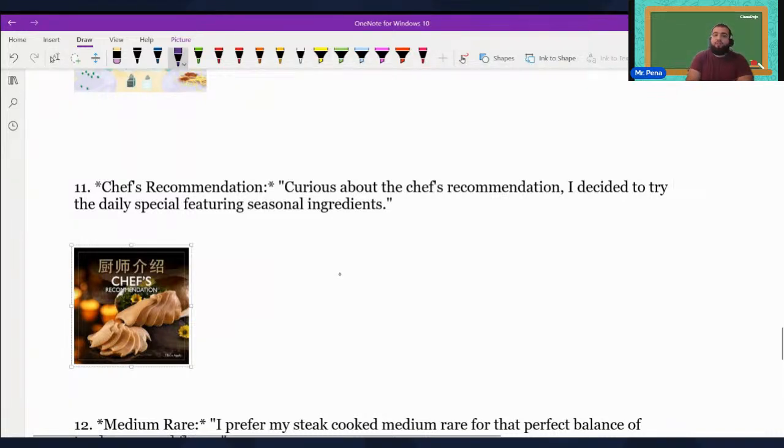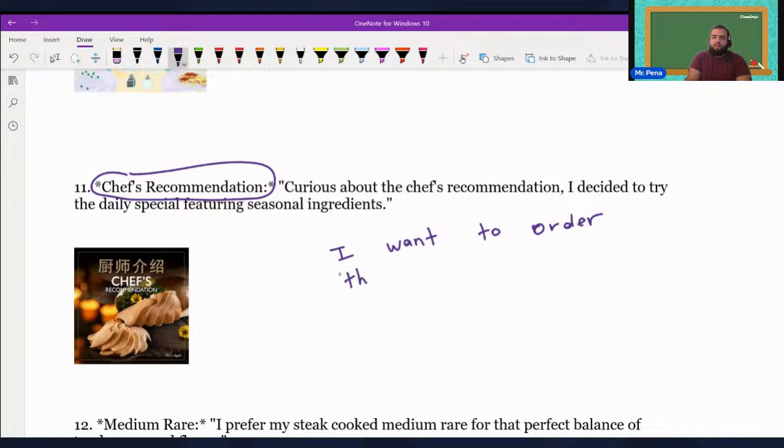Think of it as the favorite food. Chef's recommendation. So just say, I want to order the chef's favorite. I want to order the chef's favorite. That's it.